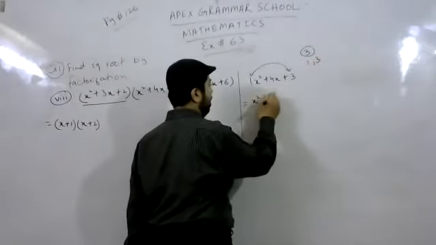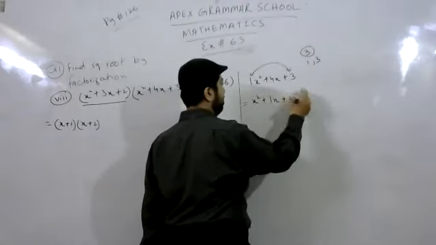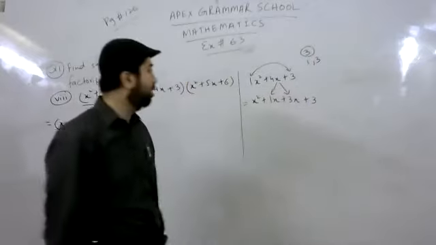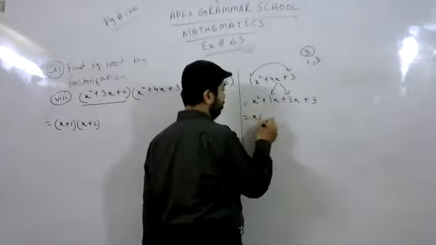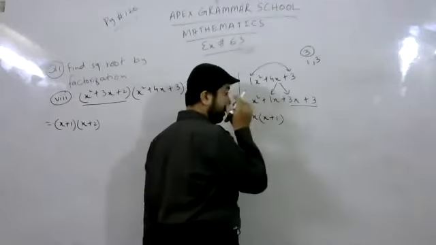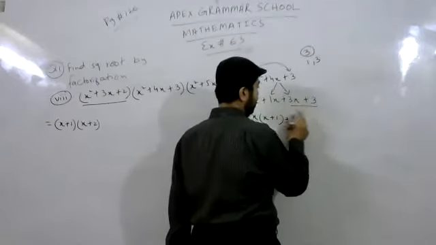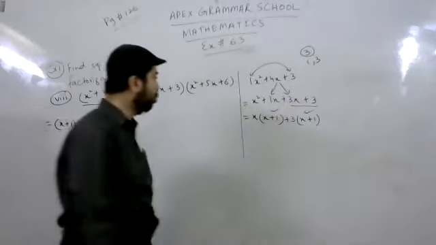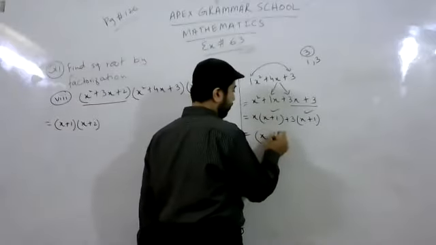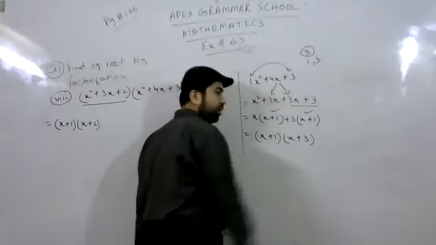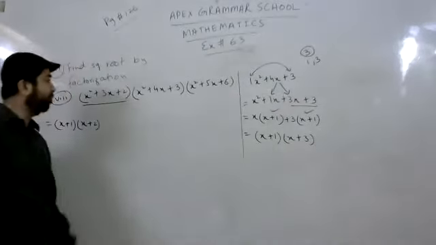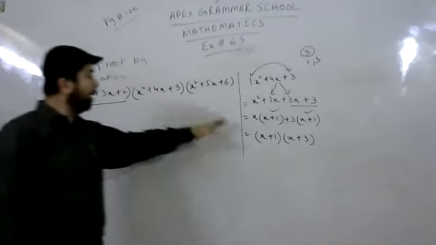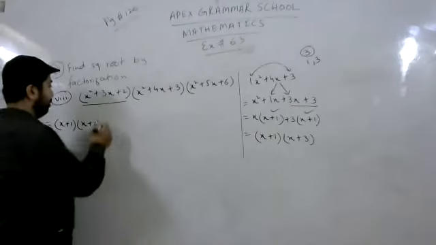So x square plus 1x plus 3x plus 3. What is common here? X is common, x plus 1. What is common here? 3 is common. Again x plus 1 is common. You can see that both are the same, so you write it once and then x plus 3. So instead of x square plus 4x plus 3, you can write x plus 1 into x plus 3.